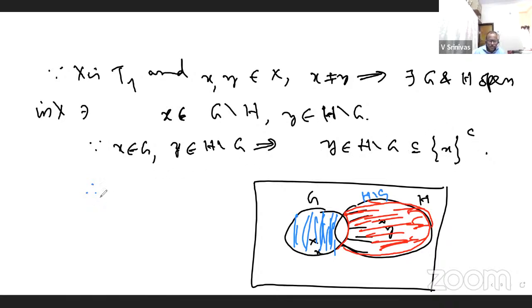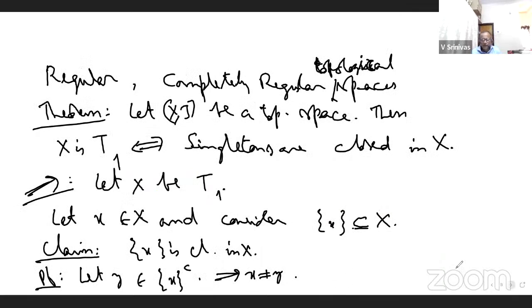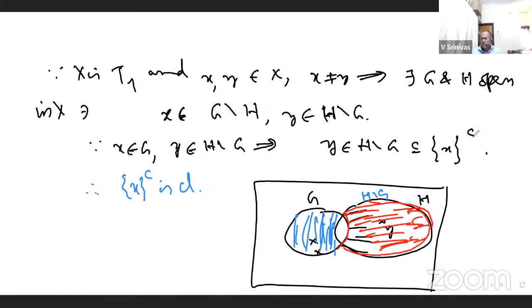We have taken a general point small y in the complement, and for that we are able to obtain an open neighborhood which is lying here.